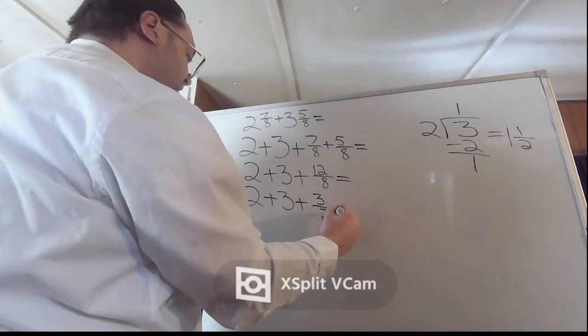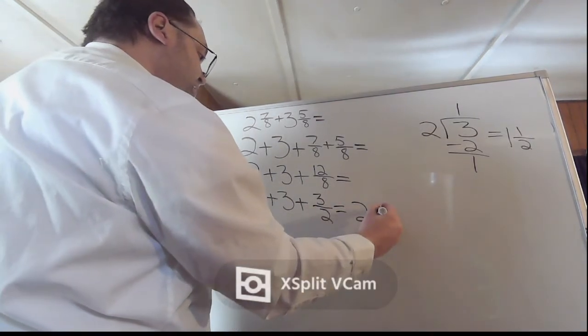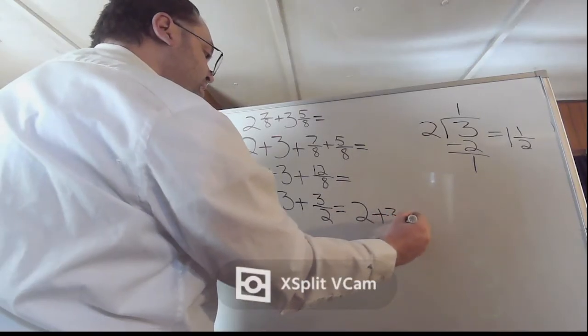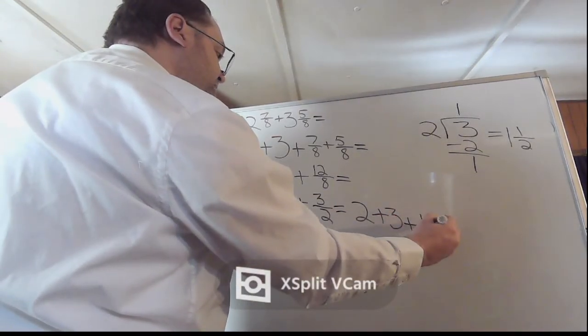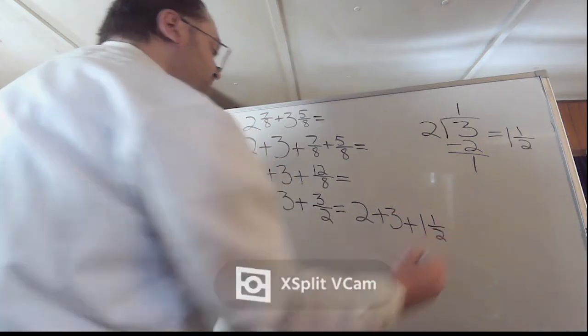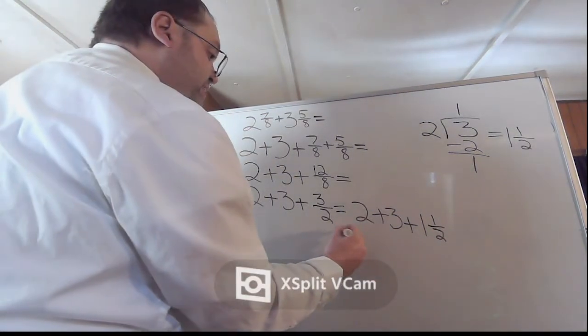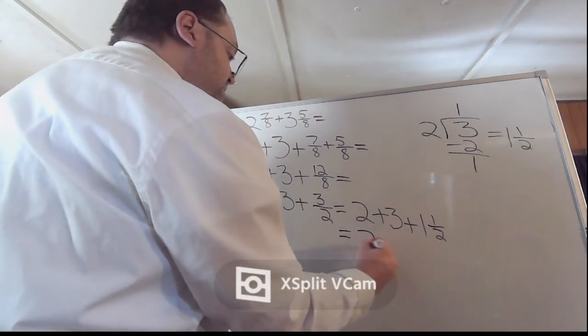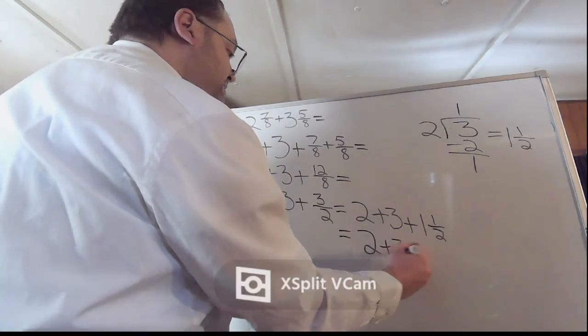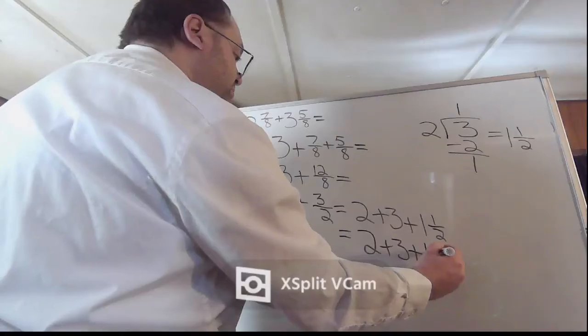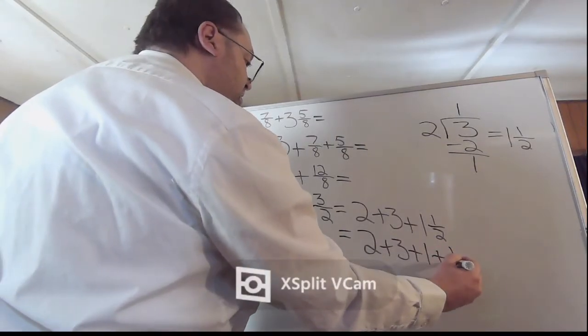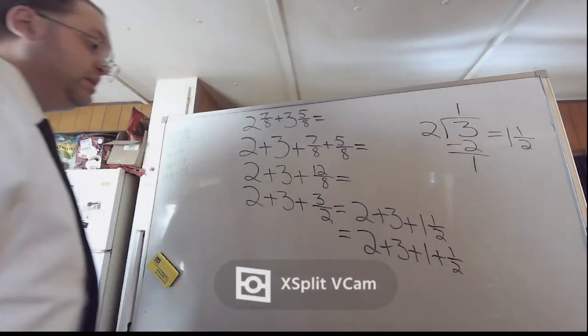So it's going to work out to 2 plus 3 plus 1 1/2. Well, now we can separate the 1 and the 1/2 from each other. So you'll have 2 plus 3 plus 1 plus 1/2.